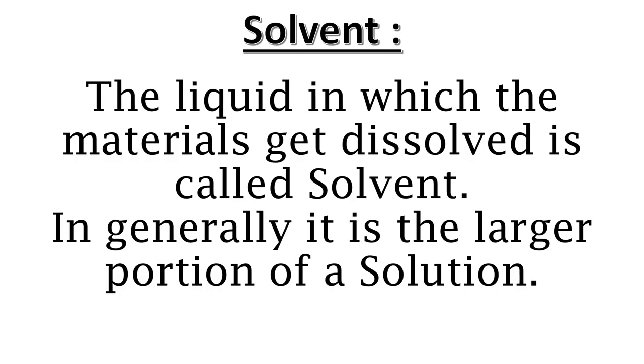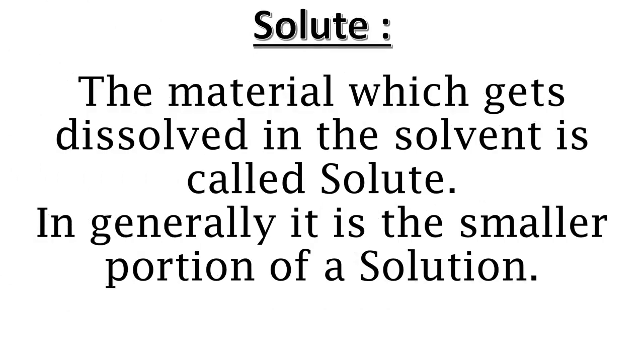Solvent. The liquid in which the materials get dissolved is called solvent. In general, it is the larger portion of a solution. Whereas solute, the material which gets dissolved in the solvent, is called solute.